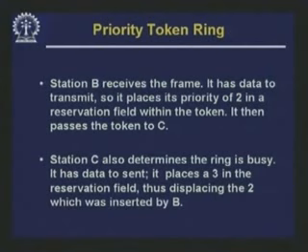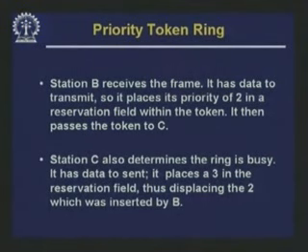B has data to transmit, but it cannot transmit at the moment because the ring is busy. But it places its priority of 2 in a reservation field within the token. So, it puts 2 in that reservation field and sends the token and the frame sent by A along to C.